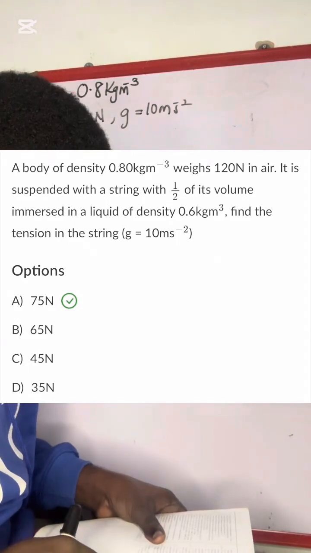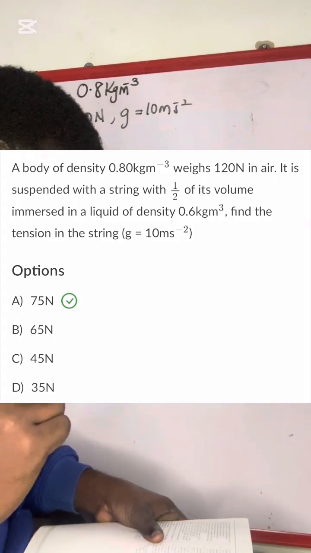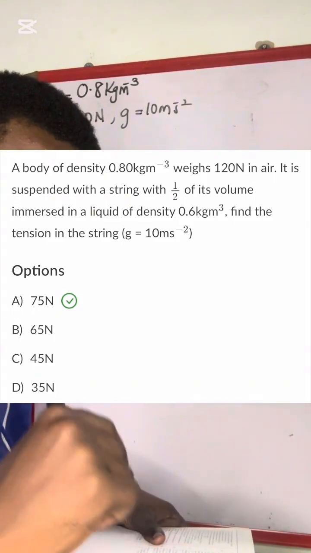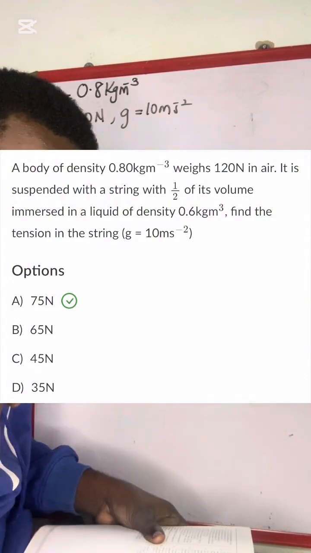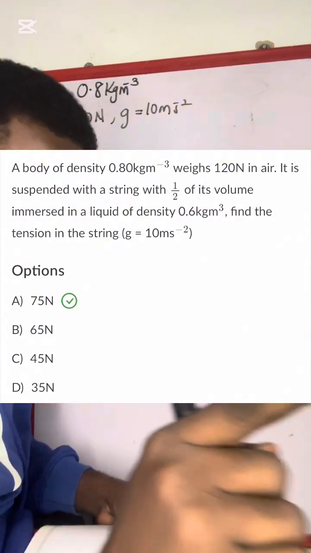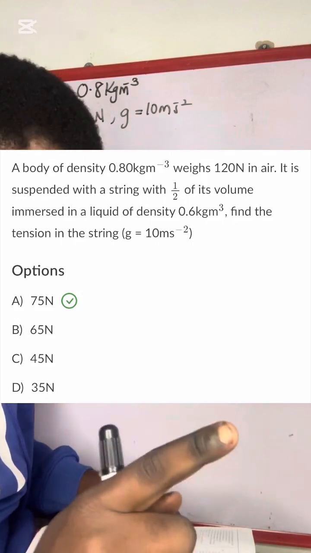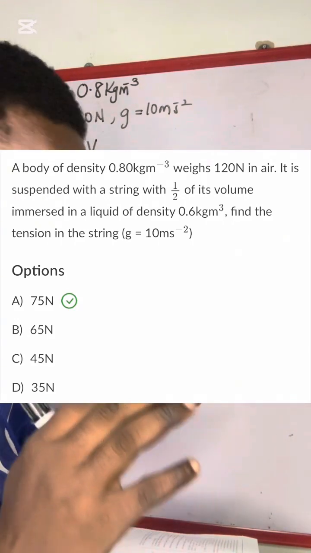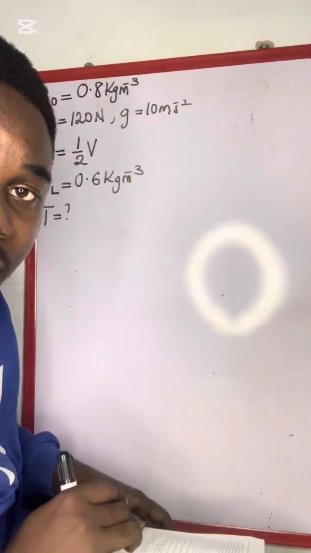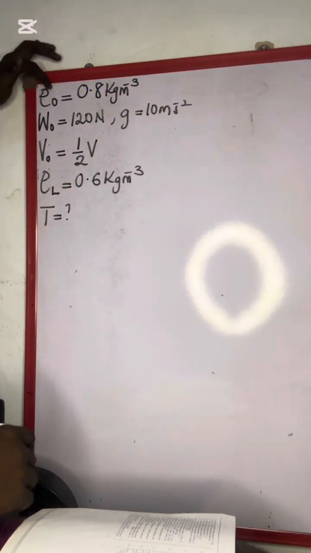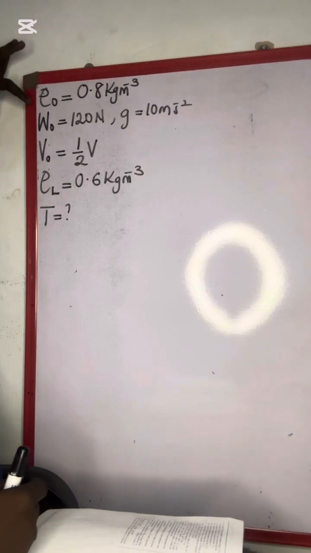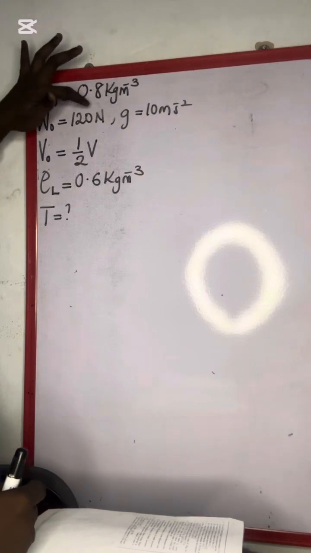It is suspended with a string with half of its volume immersed in a liquid of density 0.6 kilograms per meter cube. Find the tension in the string. Now, I have written out the parameters. The density of the object is 0.8 kilograms per meter cube. The weight of the object is 120.